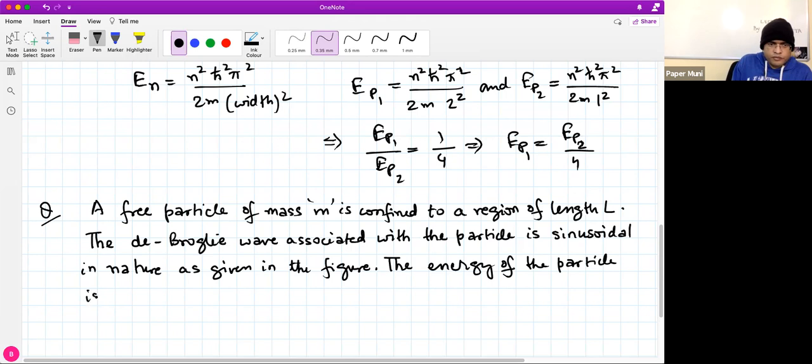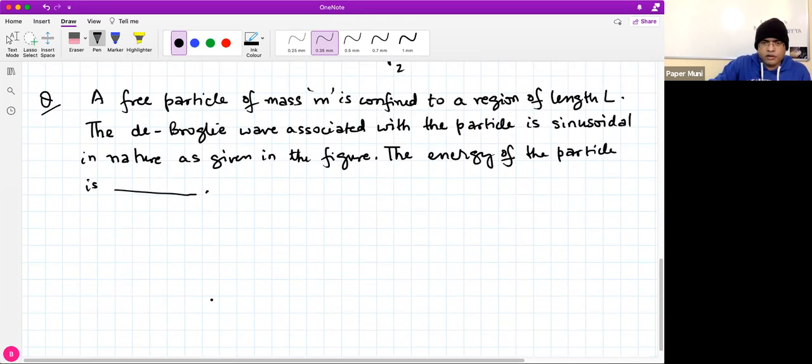is, okay, so it's a numerical type question, and the wave function looks like this.